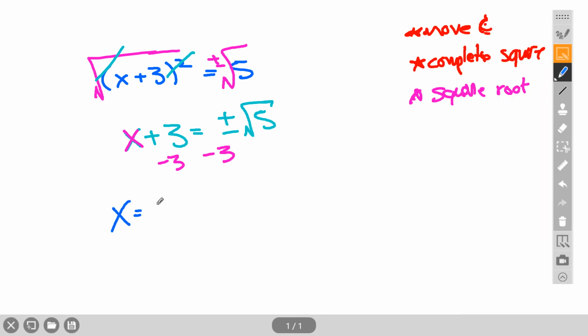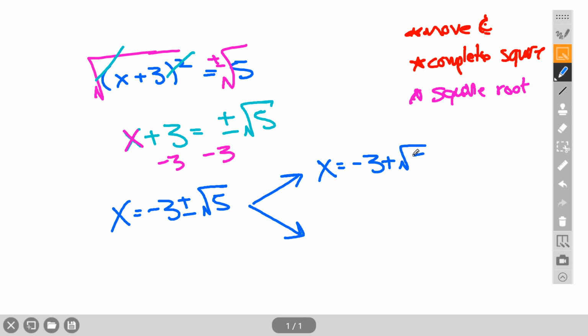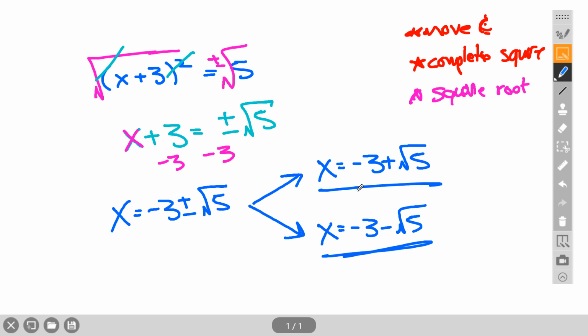My right side becomes negative 3 plus or minus the square root of 5. This represents two solutions, and we don't want decimal points, so we're just going to leave it the way it is. The first solution is negative 3 plus the square root of 5. The second solution is negative 3 minus the square root of 5. And those would be our two solutions to the original problem.